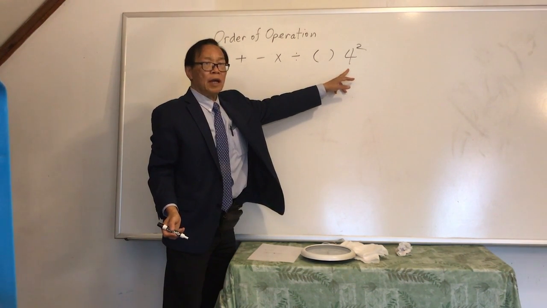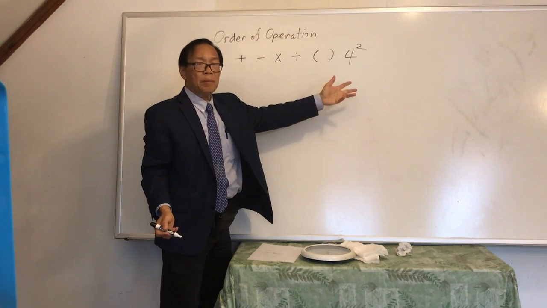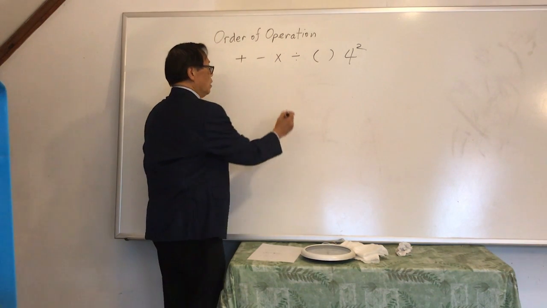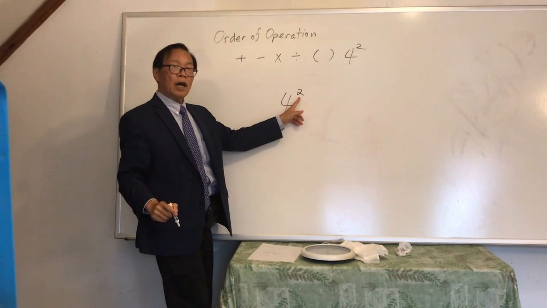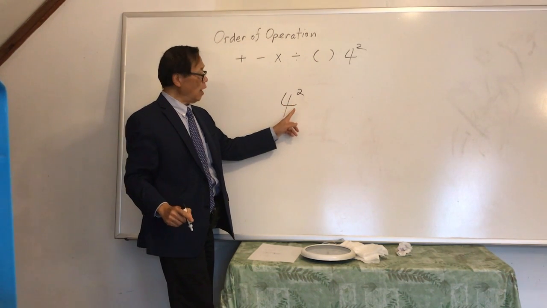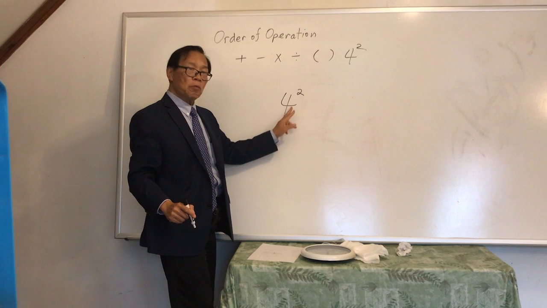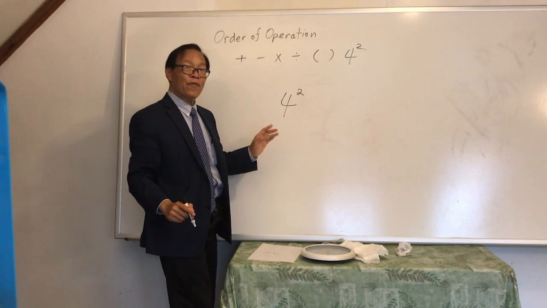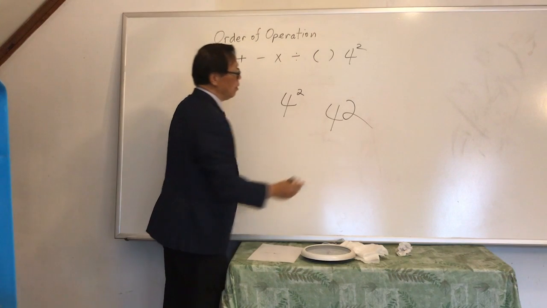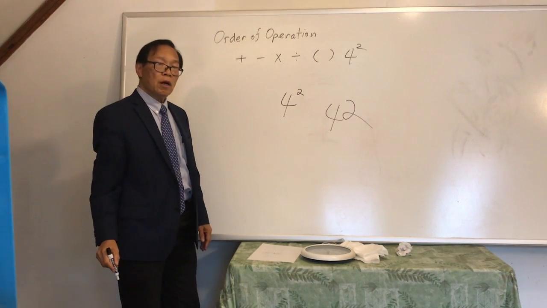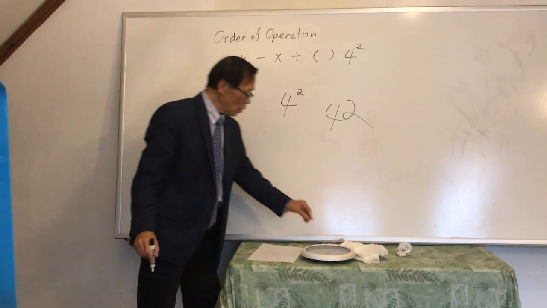Now, exponent is something that you all may remember, but in case you don't, the exponent is that little number on the top, and it has to be small enough so that it does not get confused with, if you write the 2 too big, it may look like a 42. Of course, this is not 42.